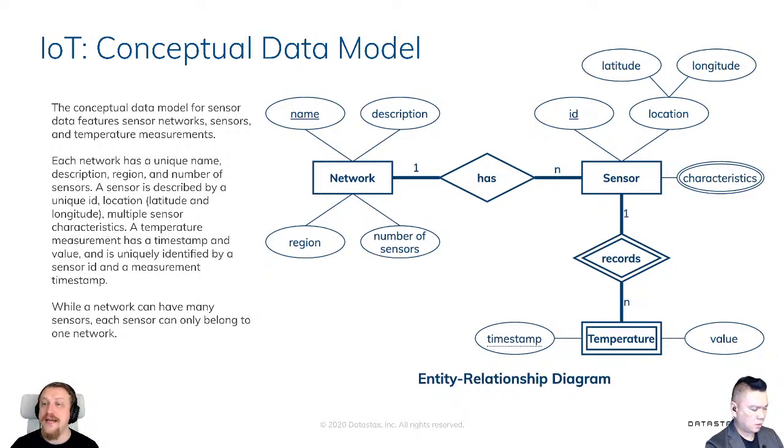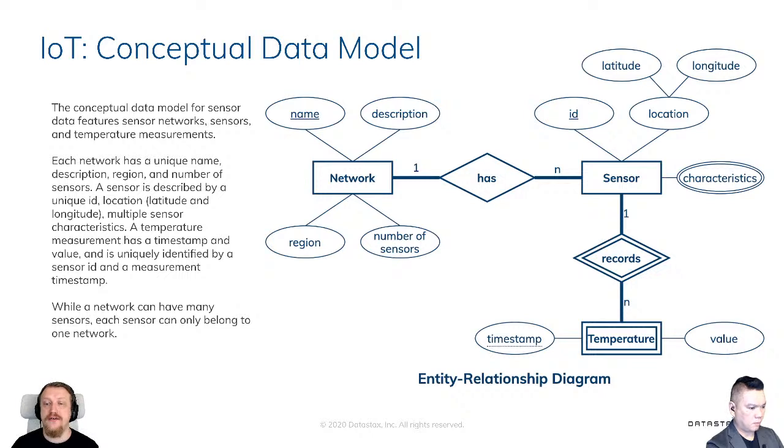Then we have sensors as they are, and every sensor has an ID and location. Location, to simplify, is not an address but latitude and longitude, so geographical coordinates. It has some characteristics, which are simply a key value map.